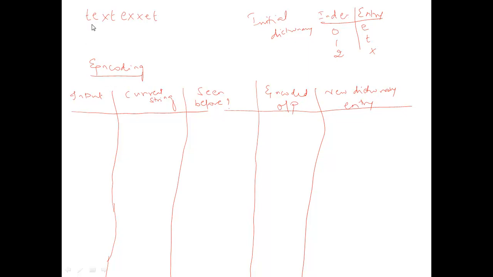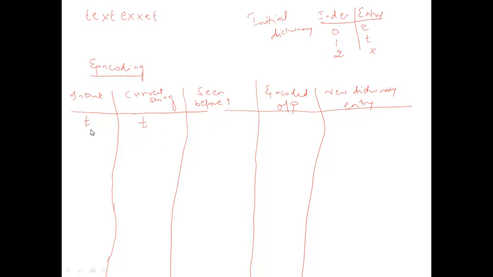The first letter to be transmitted is T, so the input is T, and the current string is also T. Now, is whatever is in the current string seen before or not? It is seen before if it is in the dictionary, and not seen before if it is not in the dictionary.